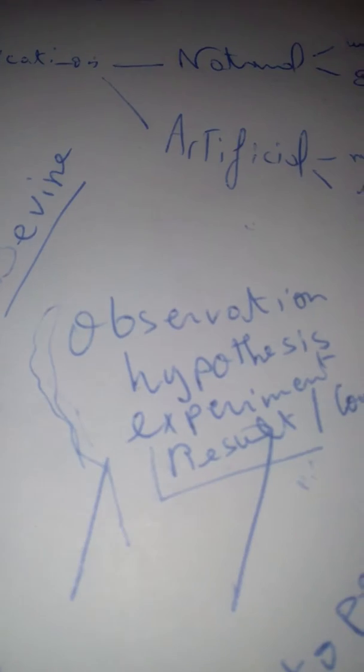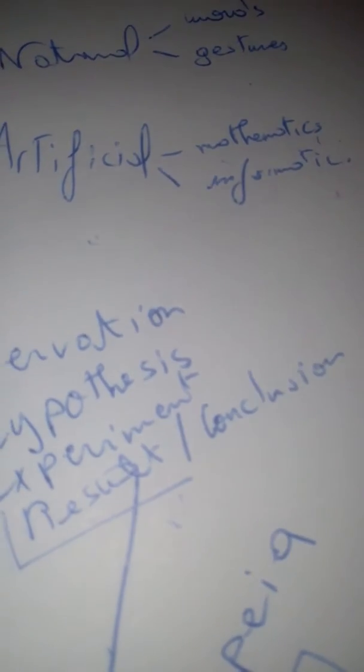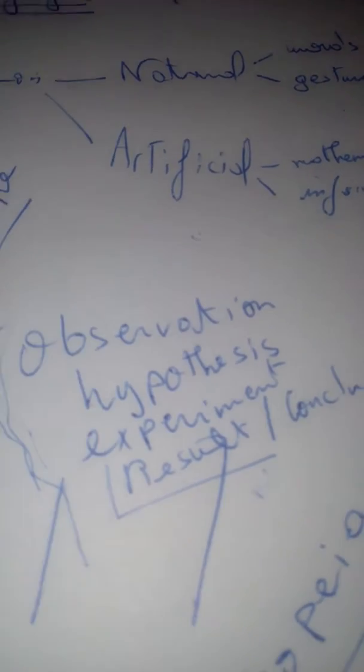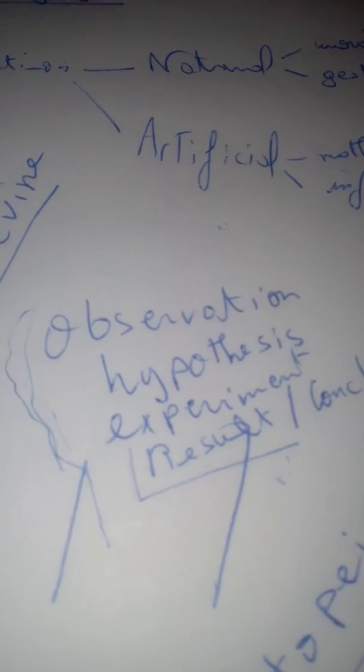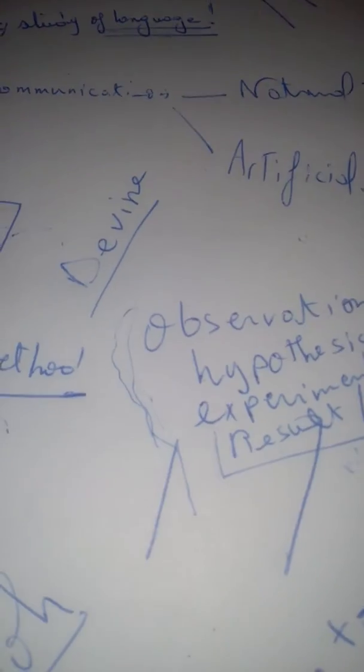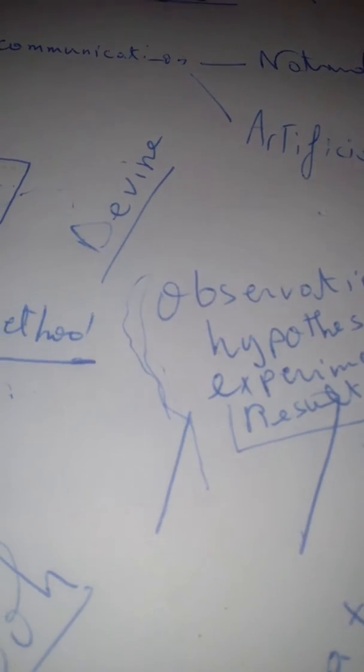After the experiment, after the test, you will get a result or the conclusion. In this result, you will give a theory, of course, a concise theory and proofs, etc. This is what we are dealing with in linguistics in general.